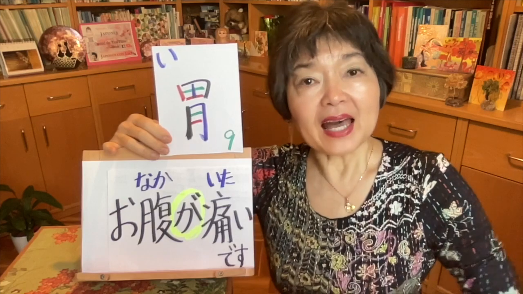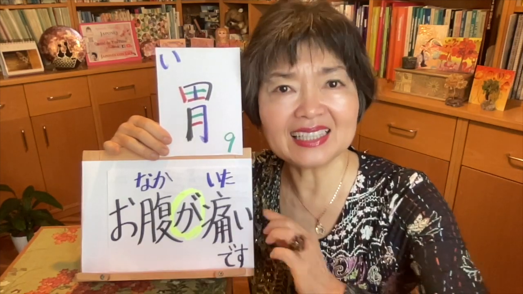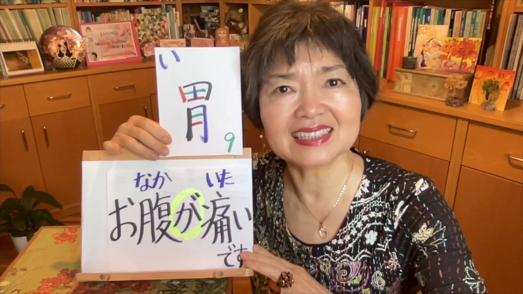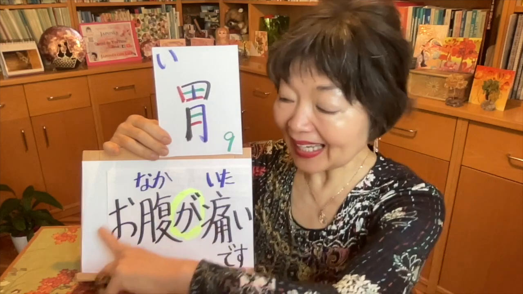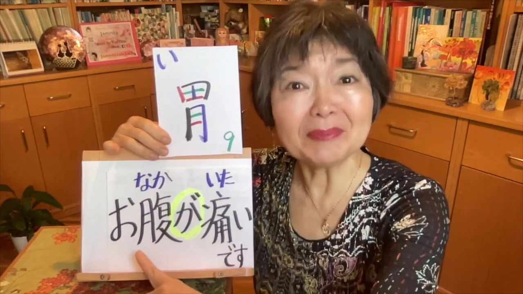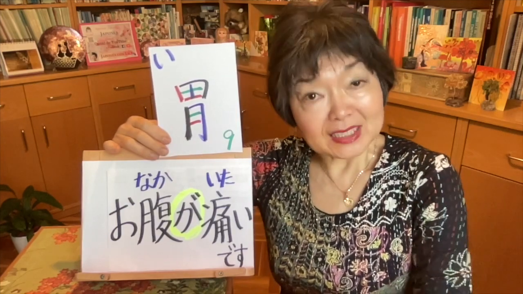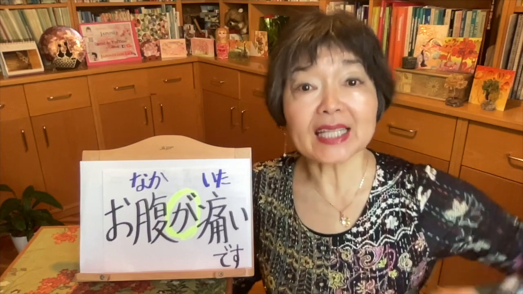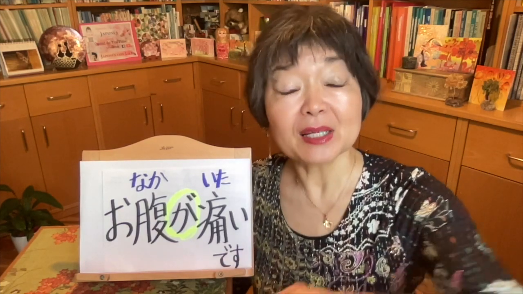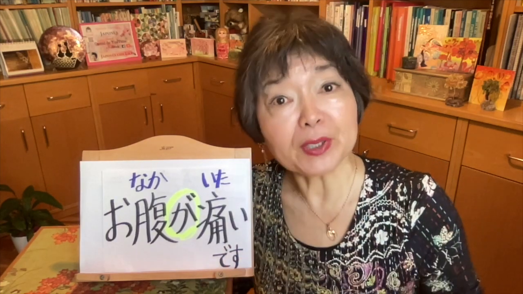So if I've got a really bad stomachache, I would say 胃が痛いです. And お腹 is lower: belly, tummy, or abdomen. When you have cramps, then you can also say お腹が痛いです, because this part, abdomen, is not the stomach. So お腹が痛いです also for the period.